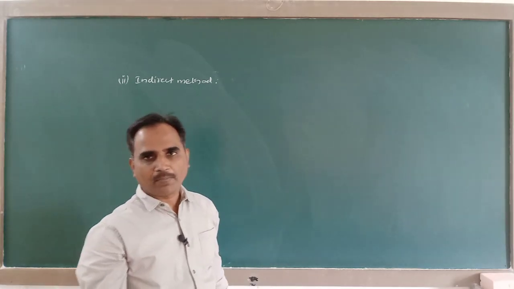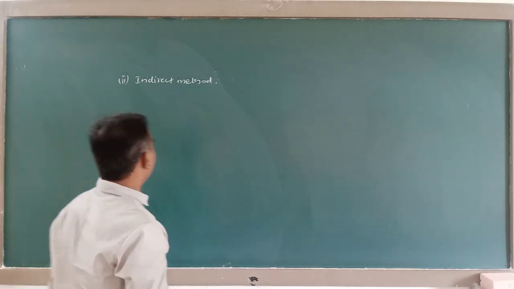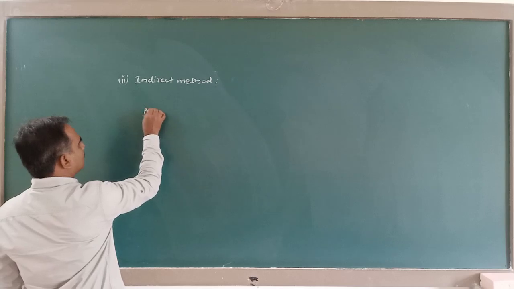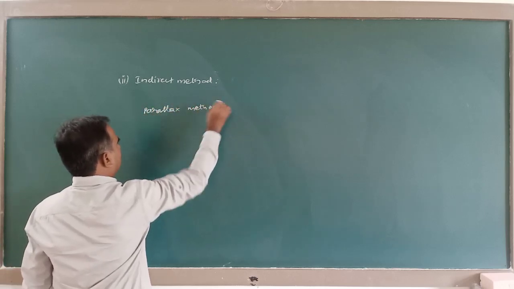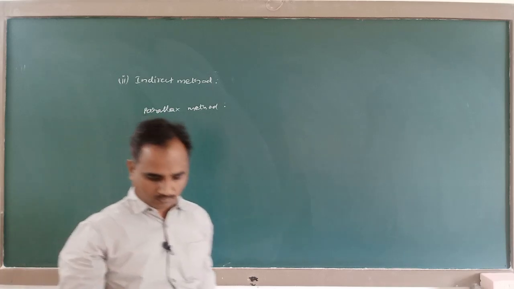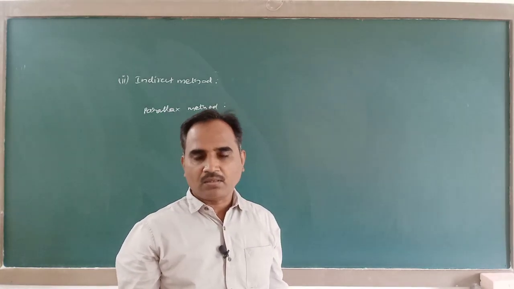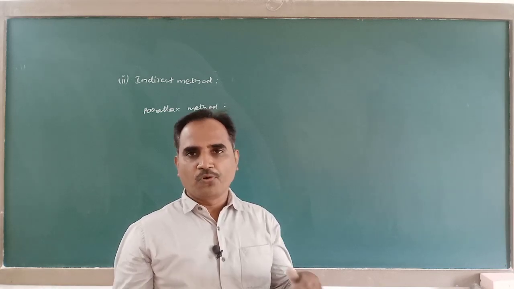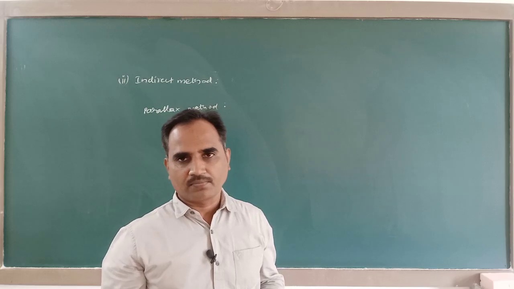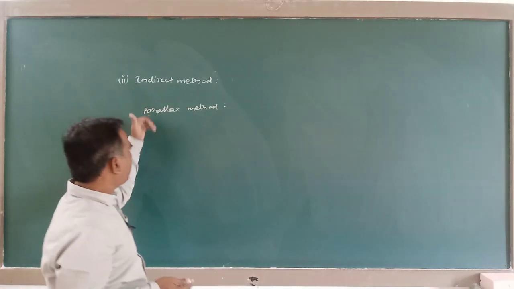By means of the mathematical relations, we can determine the length. For example, parallax method. These indirect methods are employed when you don't have any measuring device. So one such method is a parallax method.